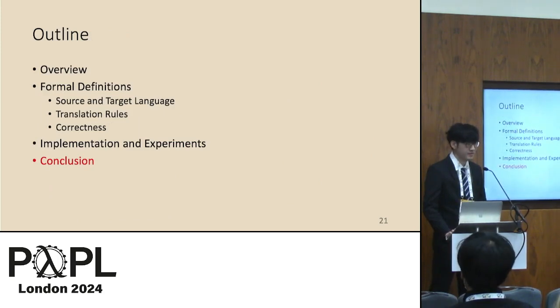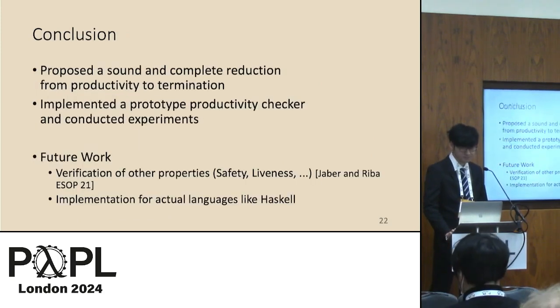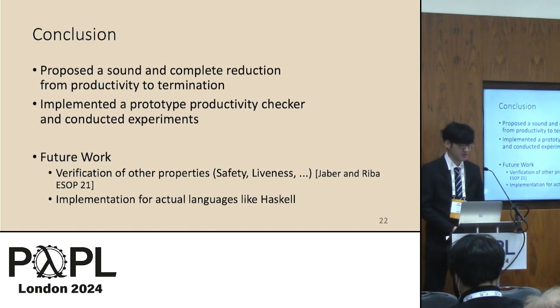Let me conclude my presentation. We have proposed a method for reducing productivity to termination verification for functional programs without co-inductive types and proved its correctness. We also implemented a prototype productivity checker based on our method and conducted experiments.